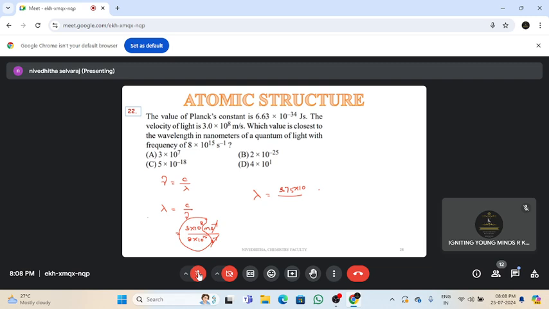Am I right, Divya? Yes, ma'am. Nanometer. Fine. So this can also be written as 37.5 nanometer. Approximately 37 can be written as 40 nanometer, right? So option 4 is 4 into 10. Basically it is 40. So answer is option D.